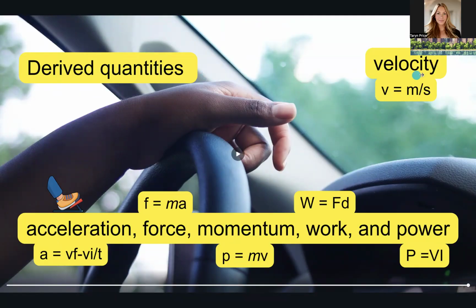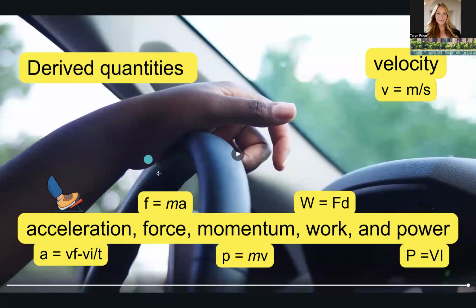So again, maybe we're driving to the city, and velocity is measured in meters per second. If we want to figure out acceleration, we not only need to know the velocity when we get somewhere, but also what velocity we started at over the amount of time it took to get somewhere, that will figure out acceleration.